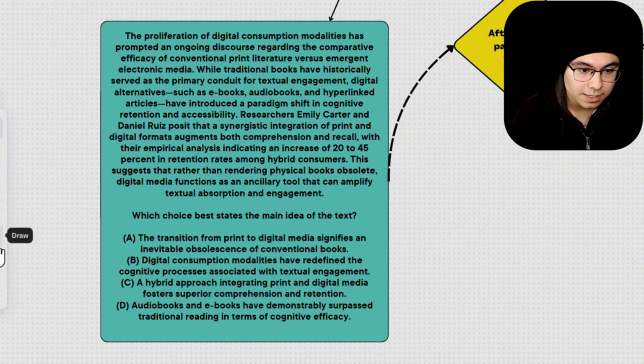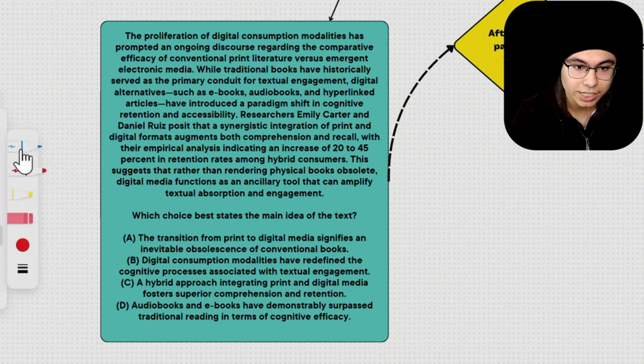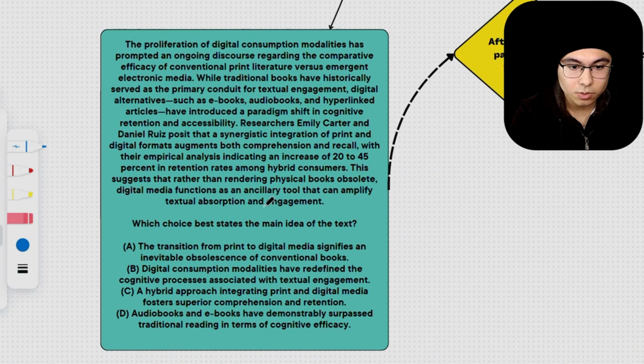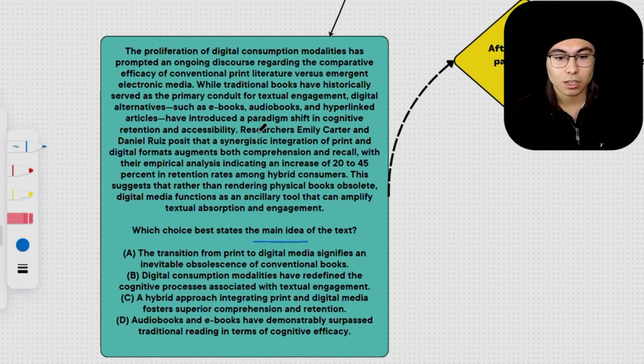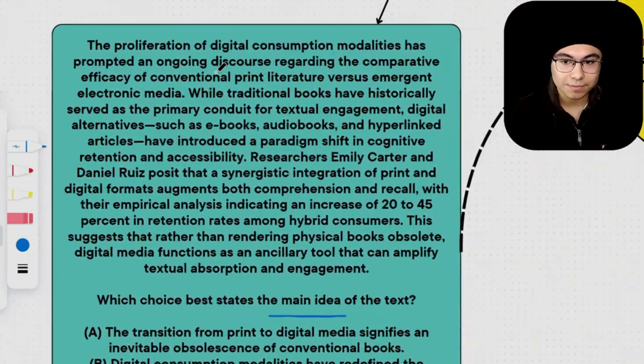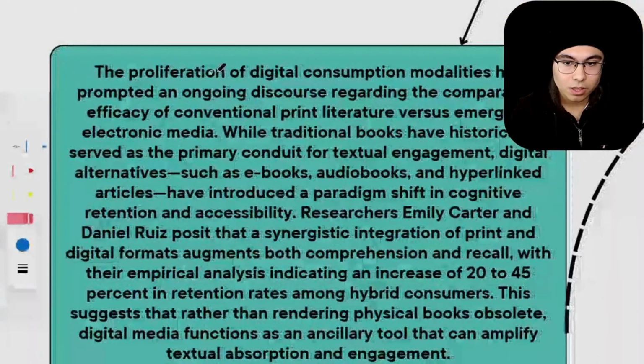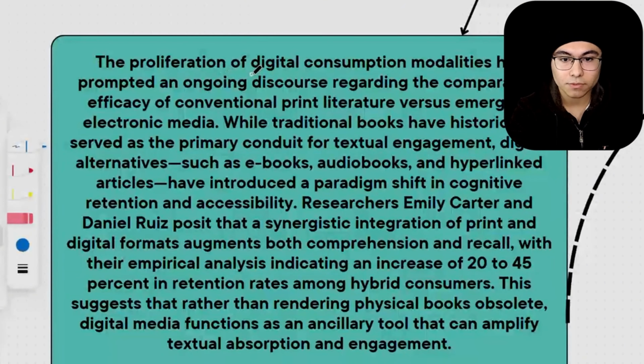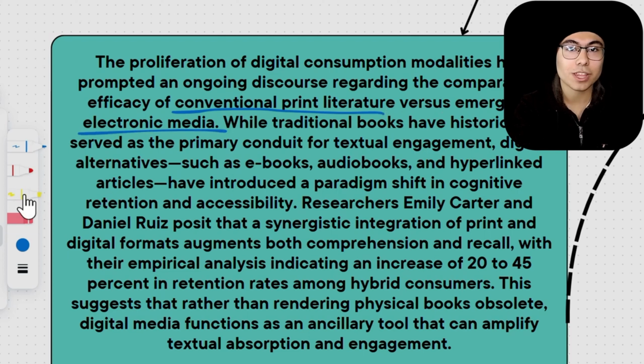So let's start reading this. It asks for the main idea of the text. Now let's read it. The proliferation of digital consumption, okay, regarding conventional print literature versus emergent electronic media. So they are comparing two things.